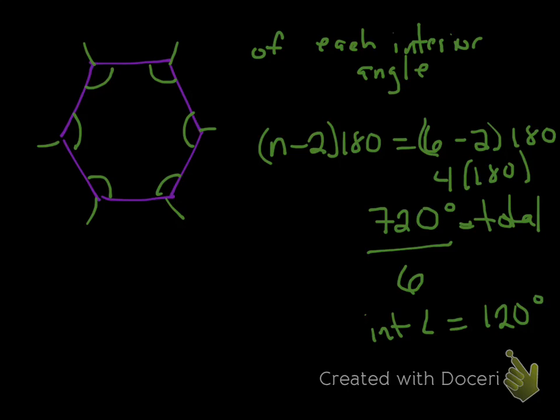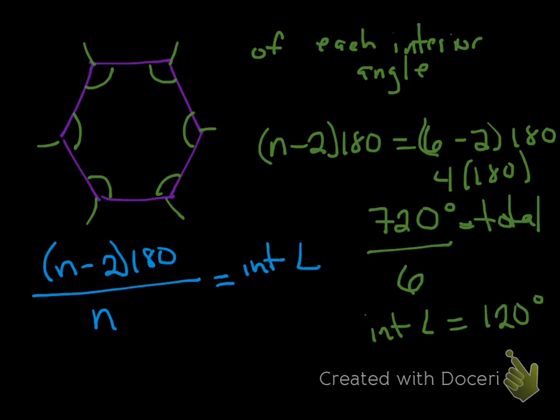All right, so the formula for that is our first formula, right? Because you find the total amount of the angles, and then you divide it by however many sides it has. So this is the interior angle. Okay? All right.